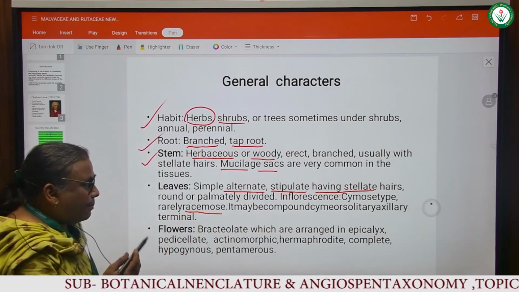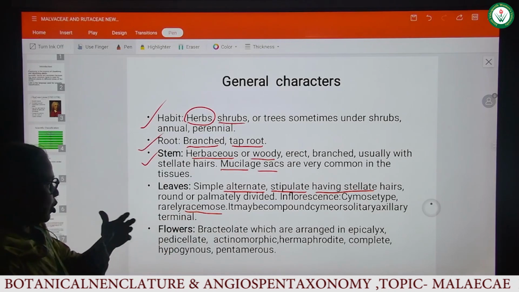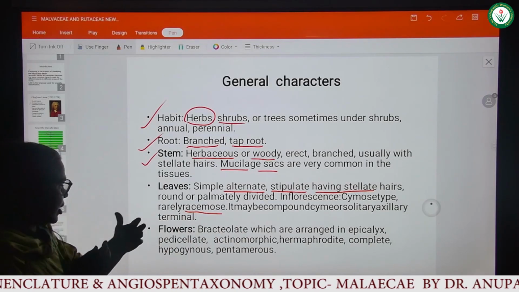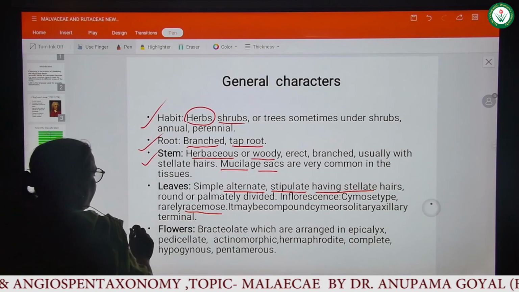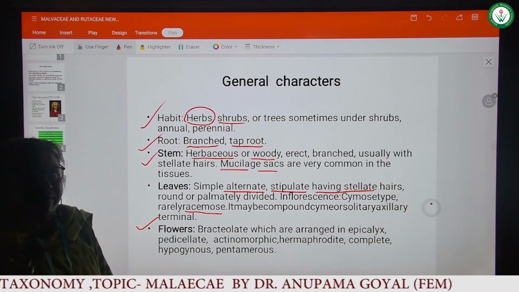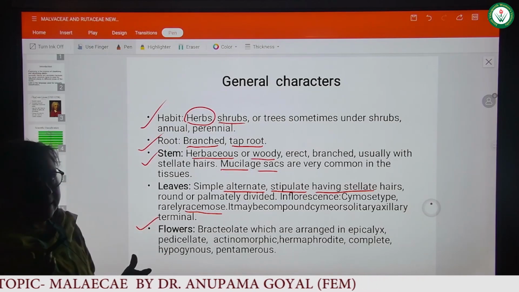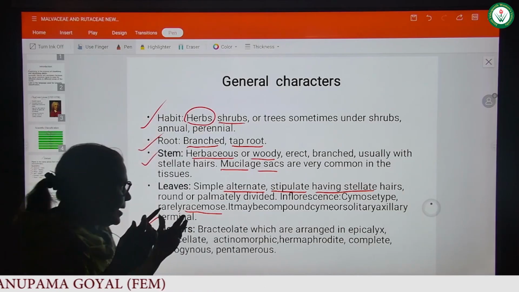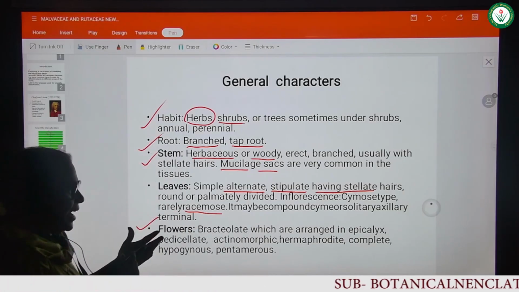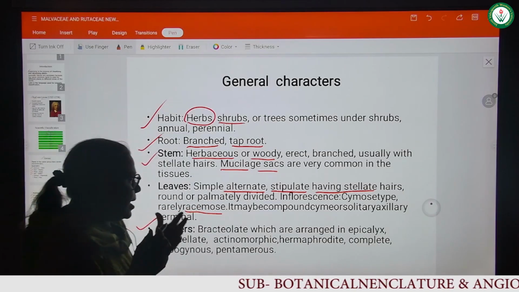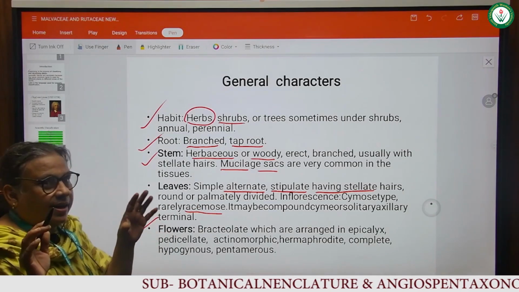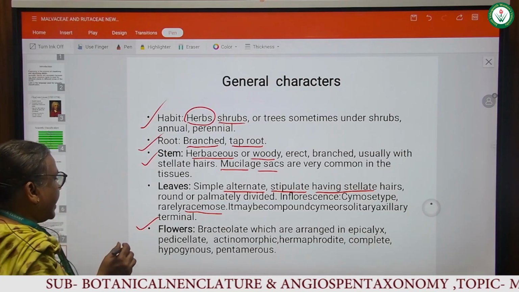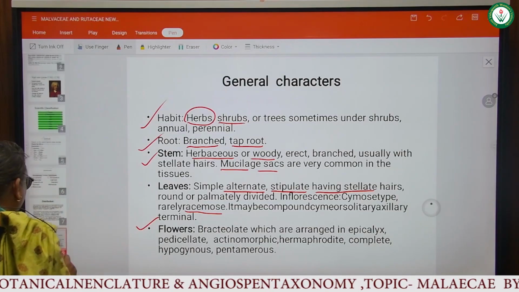It may be a compound cyme or solitary axillary terminal. Flowers are bracteolate, arranged with an epicalyx, pedicellate, actinomorphic, hermaphrodite, complete, hypogynous and pentamerous.